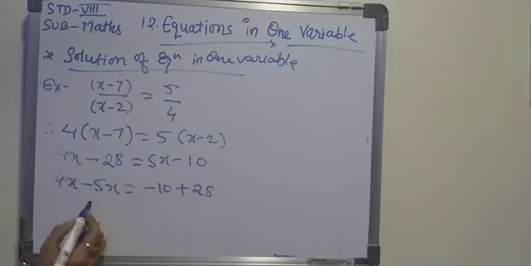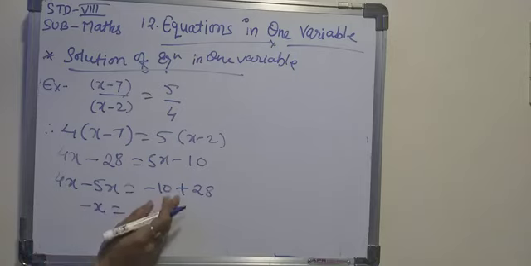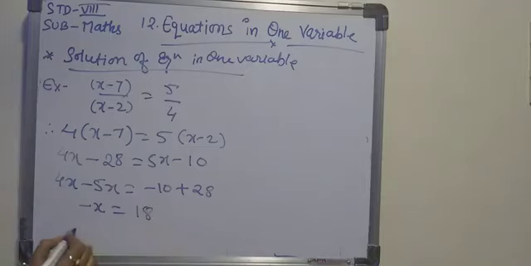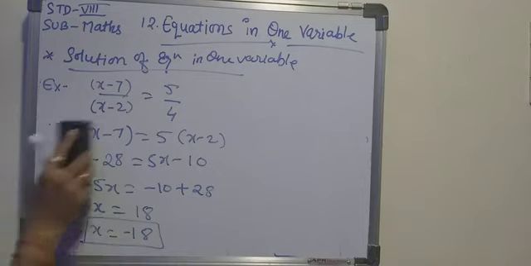What you will get: 4 minus 5 is minus 1, sign of the bigger number, so you get minus x. Plus minus minus, 28 minus 10 is 18, sign of the bigger number, so therefore your x value is minus 18. Clear? Or you can just write adding 28 on both sides.